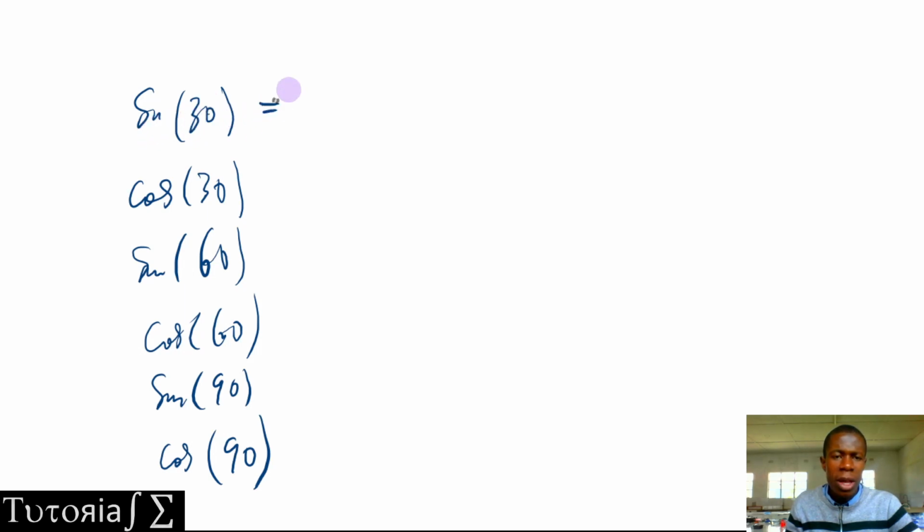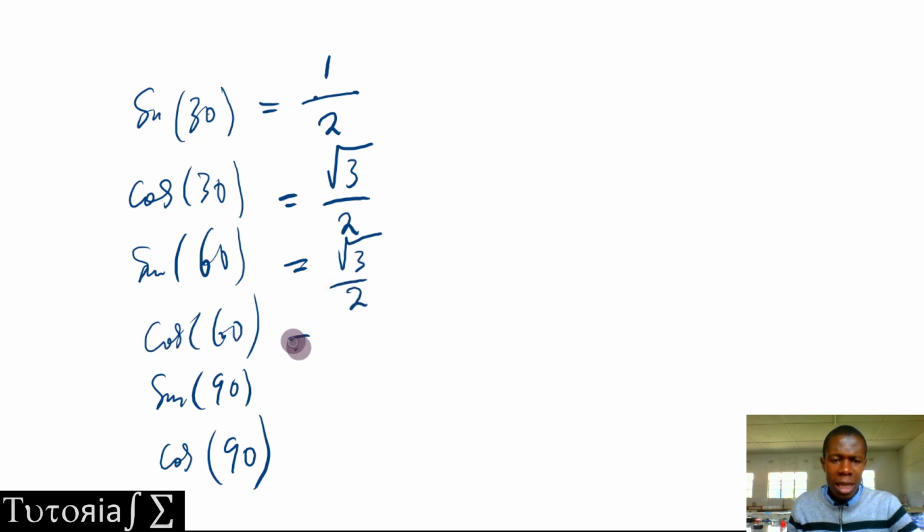Sine of 30 is 0.5 or half, but we will write them in radical form. So sine of 30 is 1 over 2. Cos of 30 is root of 3 over 2. Sine of 60 becomes root of 3 over 2. Cos of 60 is half. Sine of 90 is 1. Cos of 90 is 0.